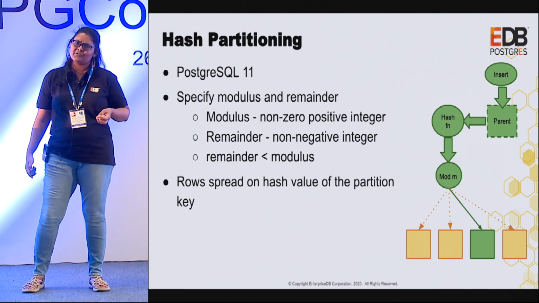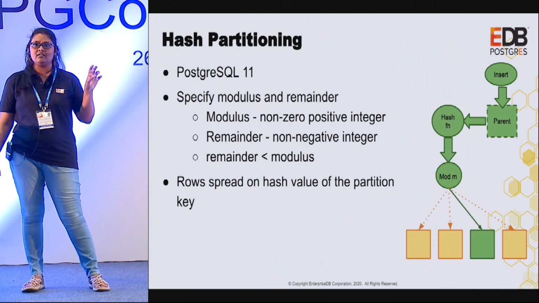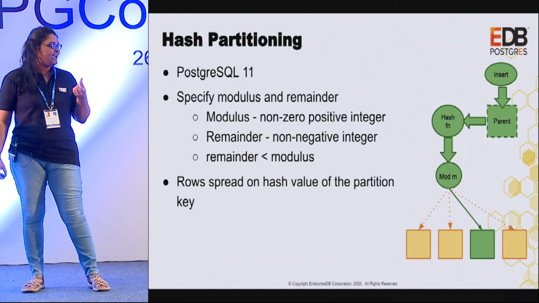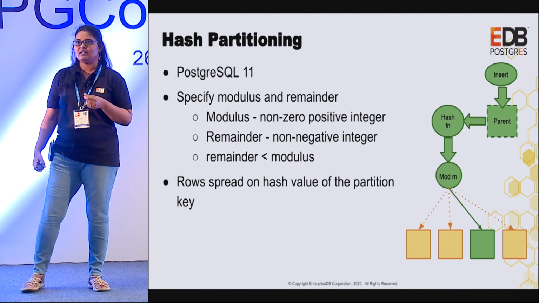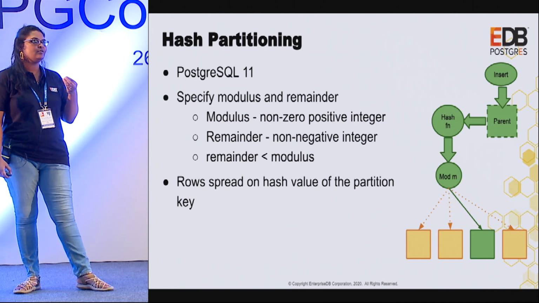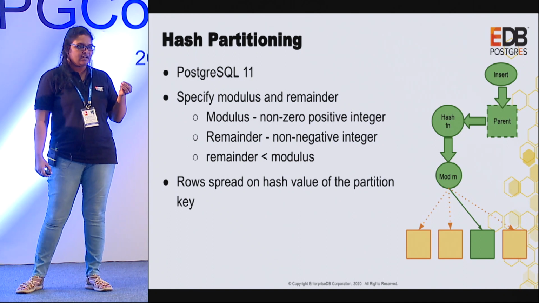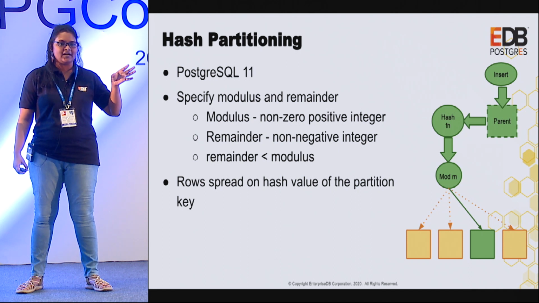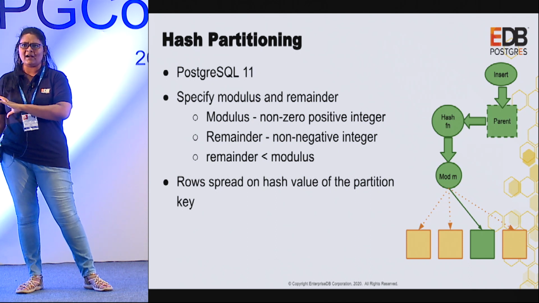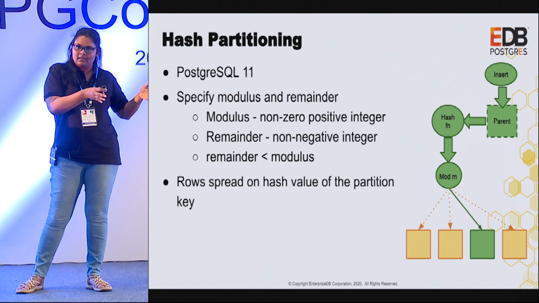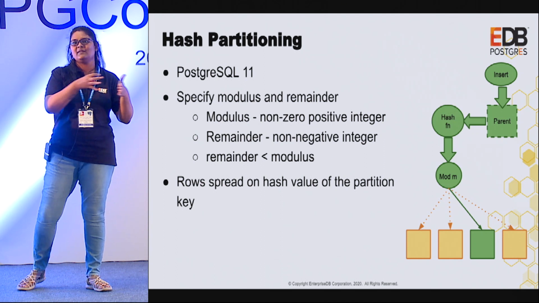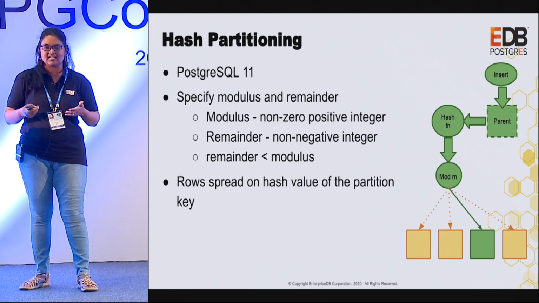This is useful when you don't have a very logical way to create a partition, or in cases where list partitioning would create multiple, very small partitions. You would rather have fewer partitions, but the data has to be evenly arranged. So in those cases, it can help.